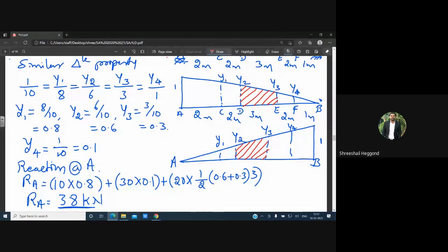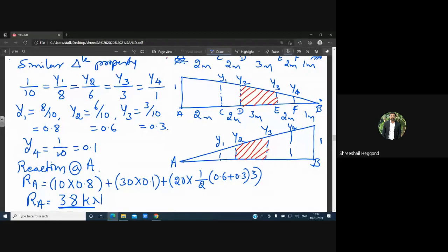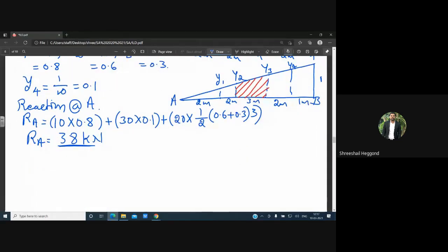The distances are given for each: first one is 2 meter, second is also 2 meter, third is 3 meter, that is UDL, fourth is 2 meter, and fifth is 1 meter. Once you know this, you can calculate ordinates y1, y2, y3, and y4.